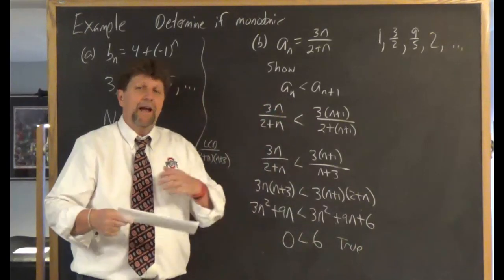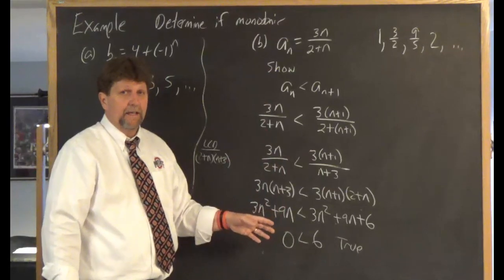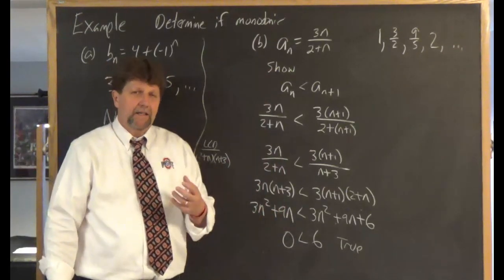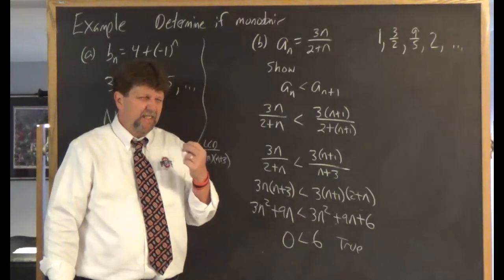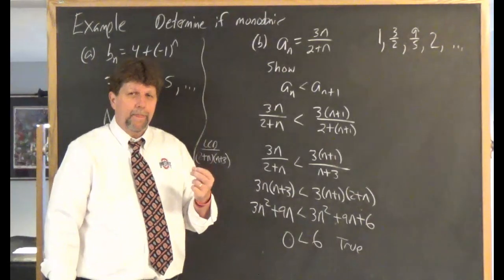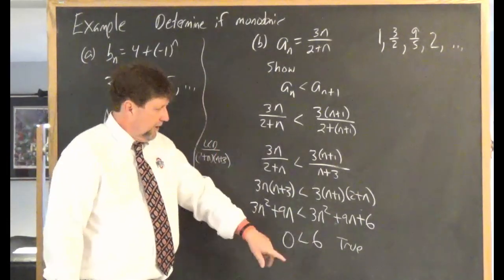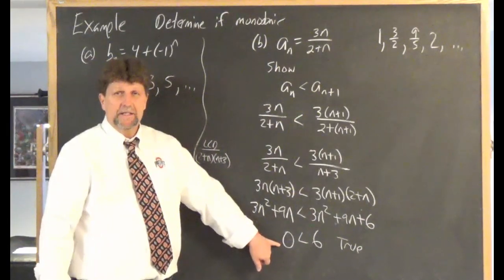So here's what you would have to technically do. I'm happy with what I see here. But technically, if you're an absolute stickler, hardcore math type person, you would start off with this line right here. You would start off saying 0 is less than 6.